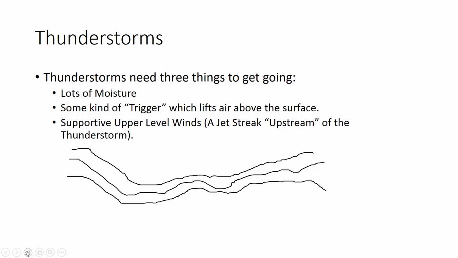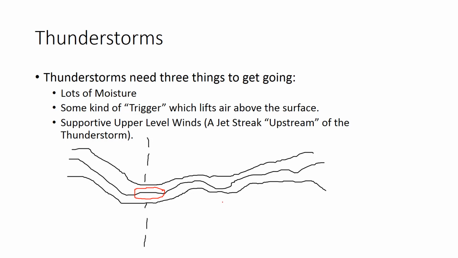Well, what actually happens is whenever you have a situation like this, what we have right here is what's called a trough. And then the thing in between here, the center of the trough, is what's called the axis of the trough. Now what actually happens is right at the axis is where we get that jet streak. And I'll circle that here in red.